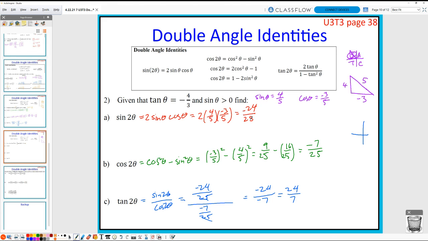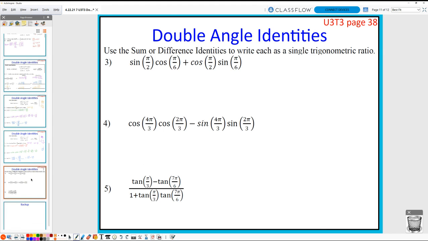That's why it becomes negative. The fact that cosine is also negative tells me that when I multiply my angle by 2, I end up in the third quadrant. That's why tangent is positive, which makes sense. So just be careful, don't let this trip you up. Logically, this still makes sense because 2 times my angle measurement is going to go beyond the second quadrant.